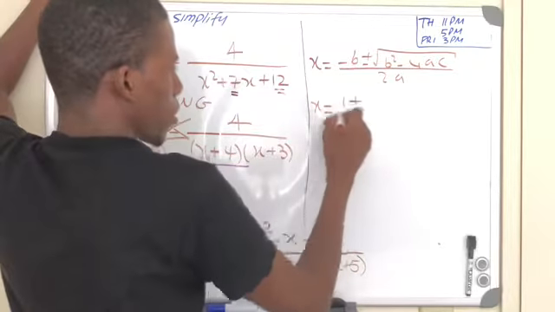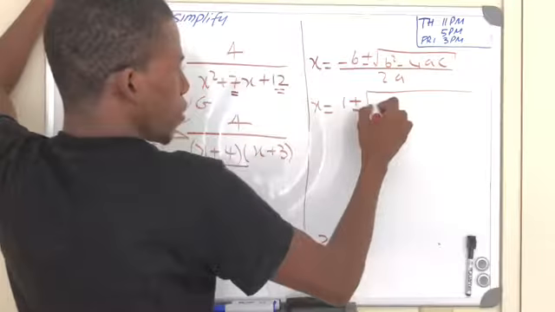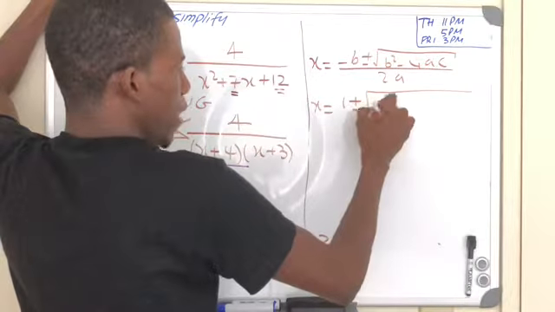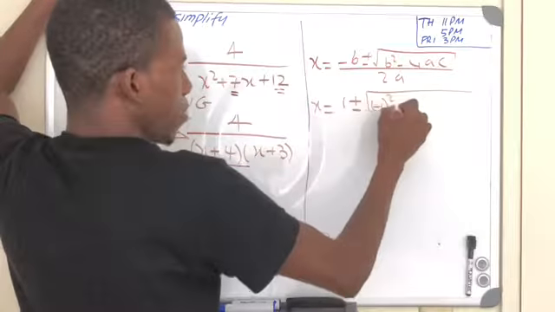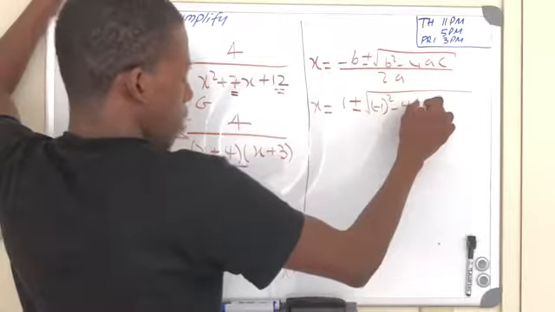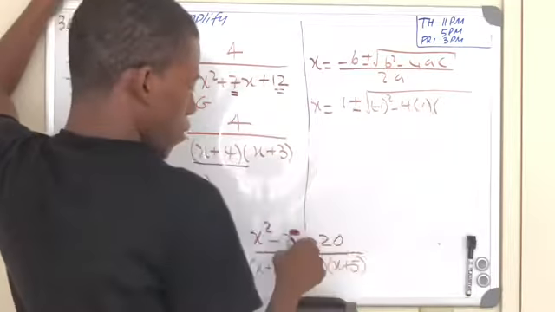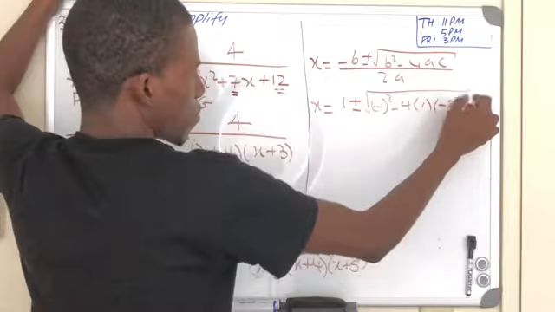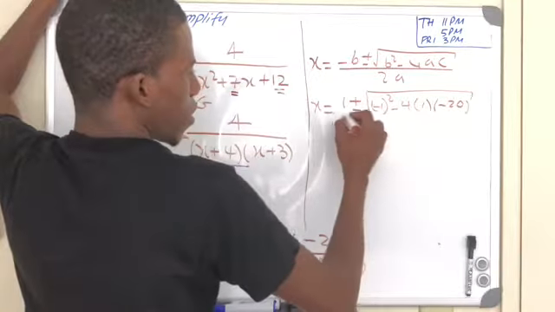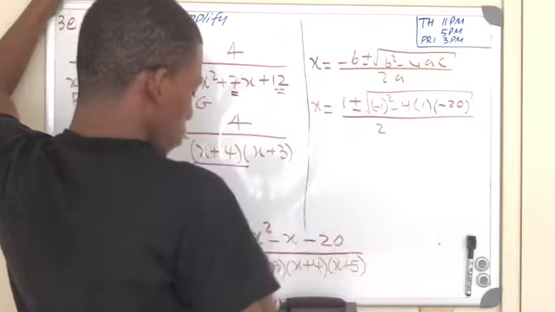So my x is equal to minus b, b is negative 1, so minus b is going to be plus 1, plus or minus square root of b squared, 1 squared, which is 1, minus 4 times a, which is 1, times c, which is minus 20, divided by 2 times a, 2 times 1.